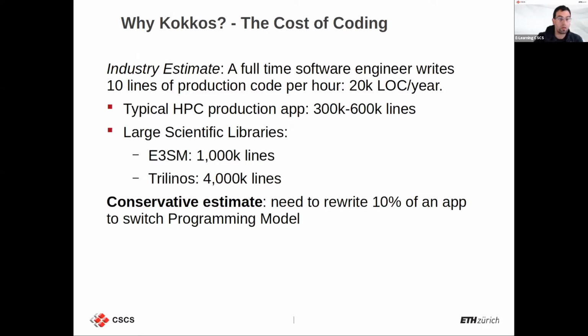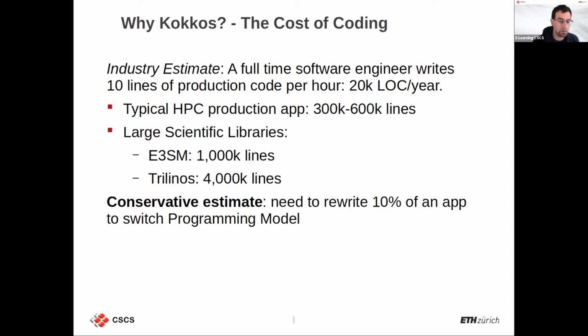So if you already have a code written in C++, you already know that it can be really painful to rewrite the code. If you take an industry estimate, a full-time software engineer writes 10 lines of production code per hour. That means 20,000 lines of code per year. So if you already have an HPC production application, this is roughly, in the best cases, 300,000 lines of code.